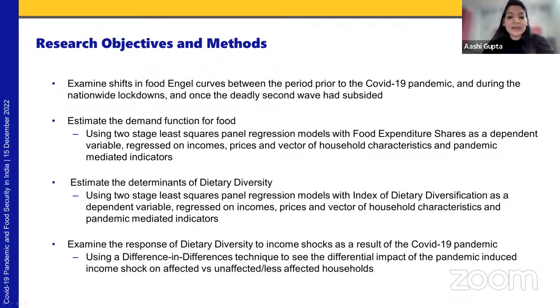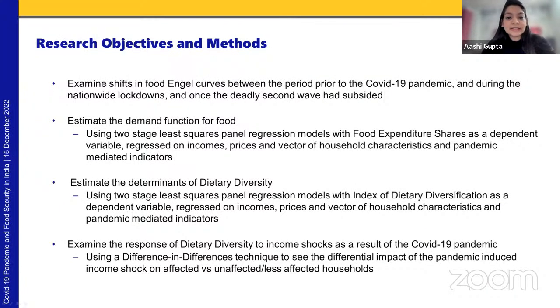Second, we estimate the demand function for food, for which we use a 2-stage least squares panel regression model with food expenditure shares as a dependent variable, regressed on incomes, prices, and a vector of household characteristics and pandemic-mediated indicators. We'll be explaining this in detail in the later slides.